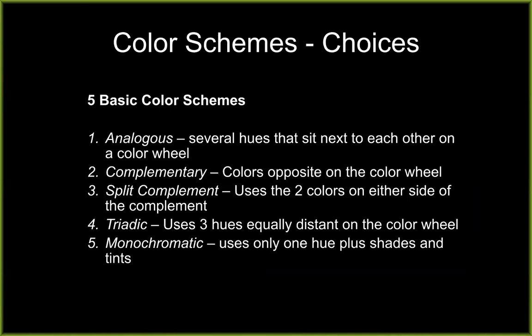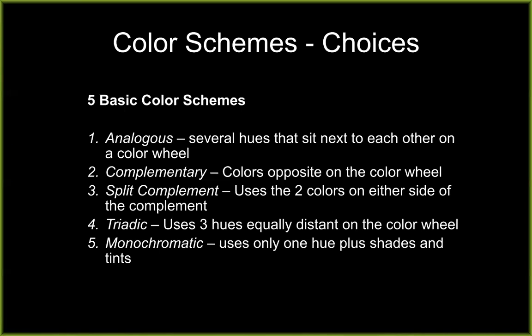You can use split complements. So you take a complement like red and green, and instead of using the red, you'll use the red orange and the red violet, and use those colors together. It's a little less poppy than just strictly complementary.